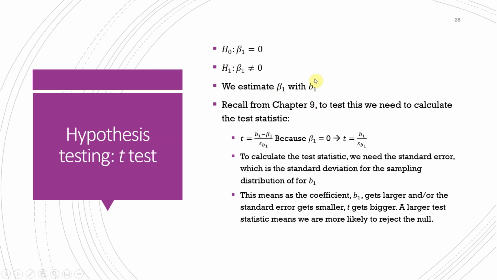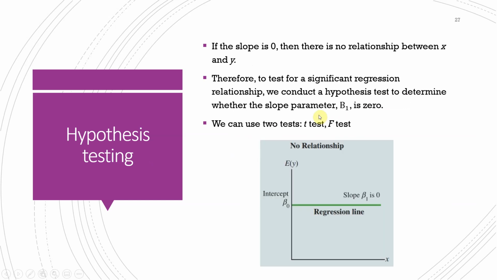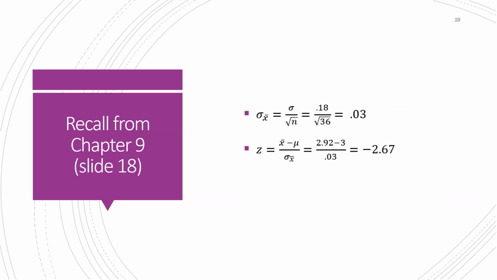This is what we're going to do in terms of the sampling distribution. So let's slow down and go back to Chapter 9, where we learned all about hypothesis significance testing. This is actually slide 18. Do you remember the coffee example, where the coffee cans had to have at least 3 pounds in them? We had a z-test statistic.